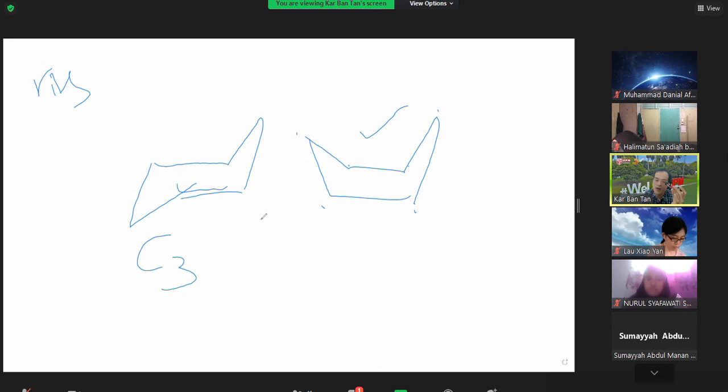C3. So now, with C3 found, I have to look for my C2. Does it have C2? It has 3 C2. Where is it? Okay, guys, now look at my illustrations. I have 2 here. You see 2 at the front and 2 at the back. If you look at it, you will see this is like a slanting plane. 1, 2, 3, 4 on a slanting plane.